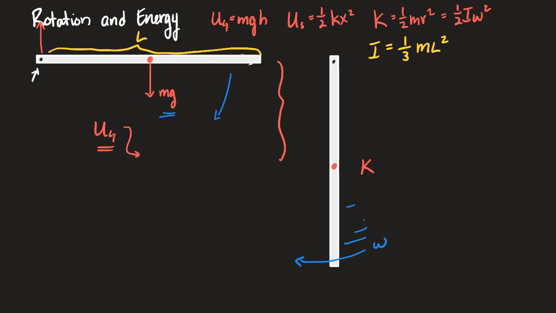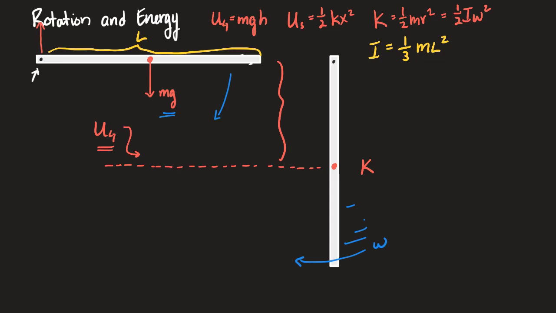So let's start here. We're definitely going to have gravitational potential, and since it's mgh, we have to figure out what h is going to be. And in a problem like this, h comes down to where the lowest point is. And the lowest point is based on the lowest point of the center of mass. Well, that's going to be the middle of the rod.